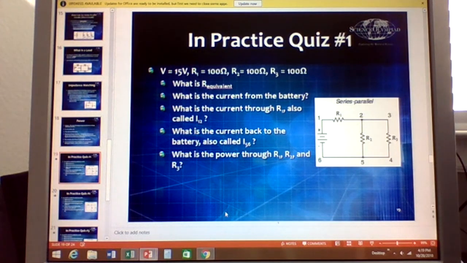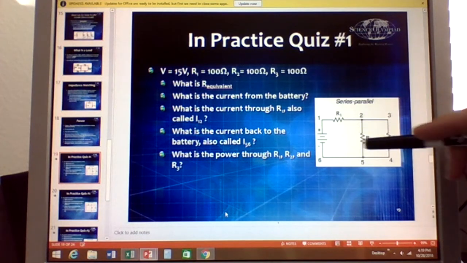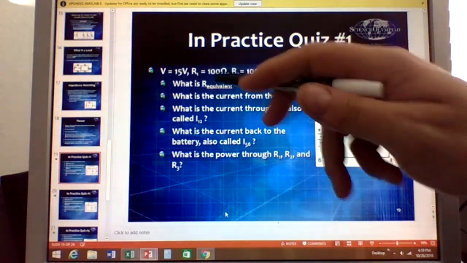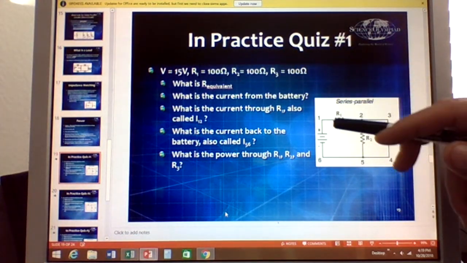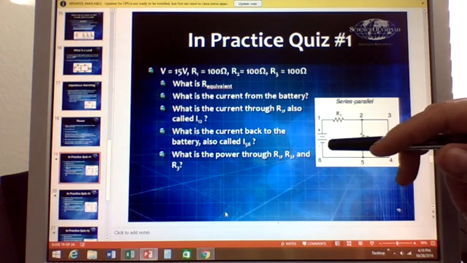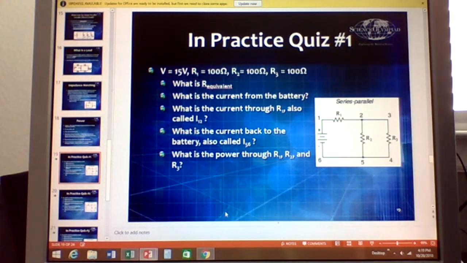Later on, you're going to be able to design circuits to have a specific resistance, okay? And so just remember those rules about putting things in parallel like that. So if I've got 15 volts and 150 ohms, what's the current coming out of the battery?